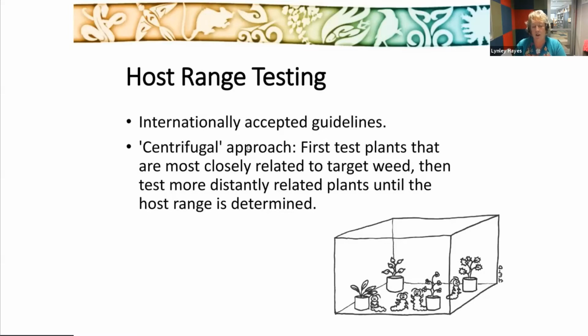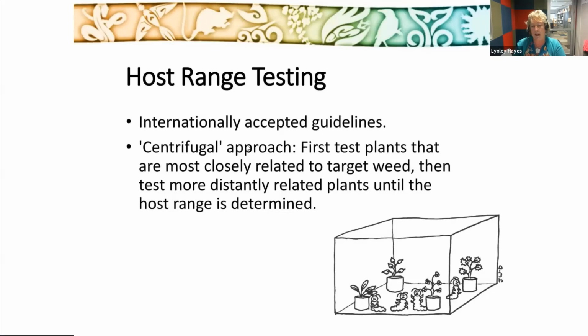And we are using a process we call a centrifugal approach. I don't know if any of you have seen a centrifuge. It's basically a piece of lab equipment which is round and it spins things in a circle. But what we mean by this is that we start with the host plant in the middle, and then we find out which plants are closely related, and then which plants are more distantly related, and then which plants are getting really quite a long way away in terms of relationship.